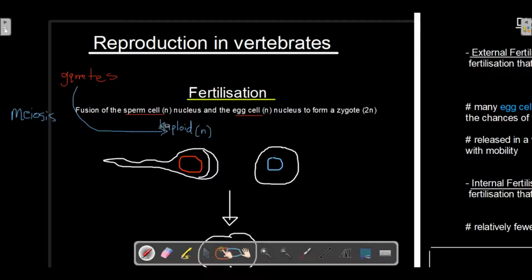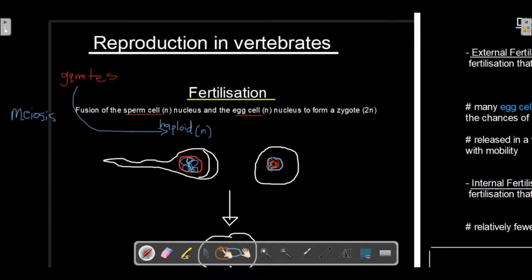So when these two fuse together, you have a sperm cell. We'll look at the structure of the sperm cell in the next videos in human reproduction. Inside the sperm cell we have the nucleus, which has the genetic material inside of it, and on the right hand side we have the egg cell, the ova or the ovum, which has a nucleus as well.